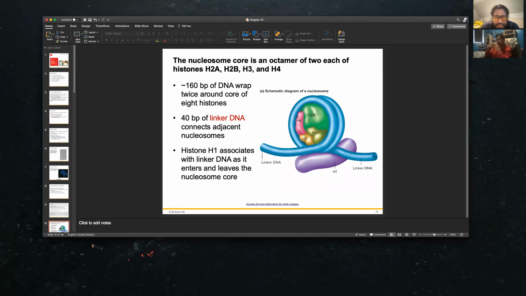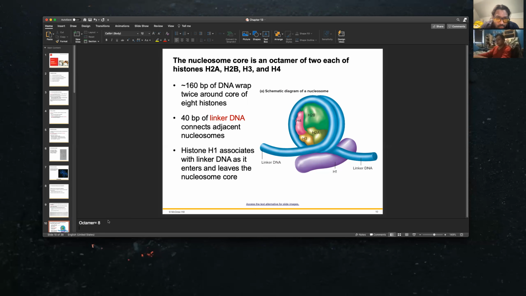All right, so the nucleosome core is an octamer, so 8 total. I guess 2 of each of these types, and around 160 base pairs of DNA wrapped twice around the core of 8 histones. 40 base pairs of linker DNA attaches the adjacent nucleosome. That's the string part of the beads on a string in the previous image.